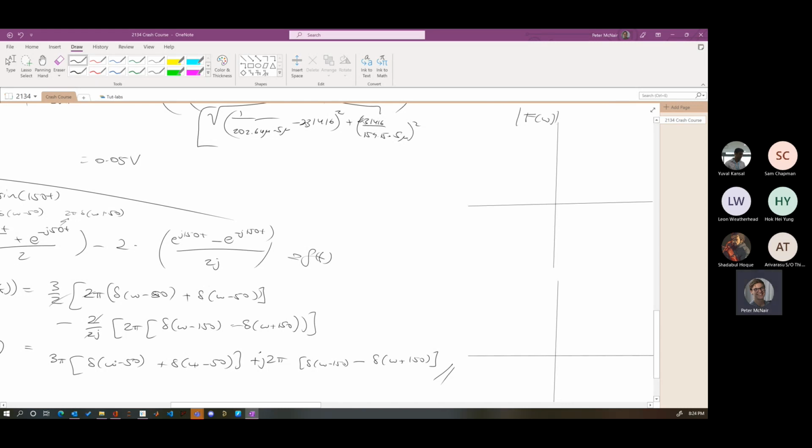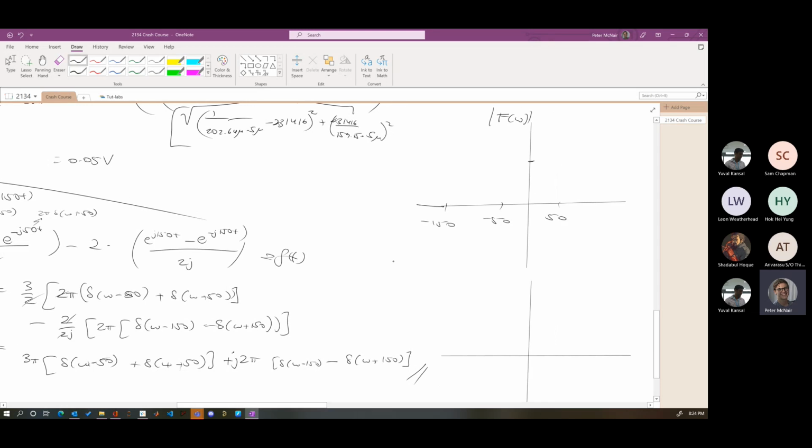You can see that we've got these deltas, and deltas in the frequency domain are essentially just spikes, right? So we have spikes sitting at 50, plus here, and also negative 50, and then negative 150, and also, if I can fit them all in, 150.